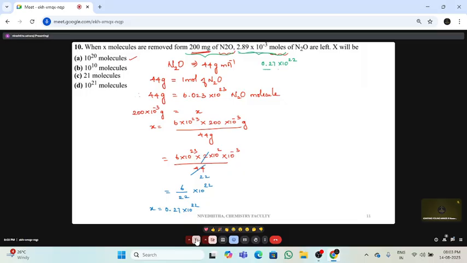So now we found the initial value of nitrous oxide. So please find the final value of nitrous oxide in terms of number of molecules. So here it is in terms of number of moles. So you have to convert that into number of molecules. So you have to multiply it with Avogadro number.